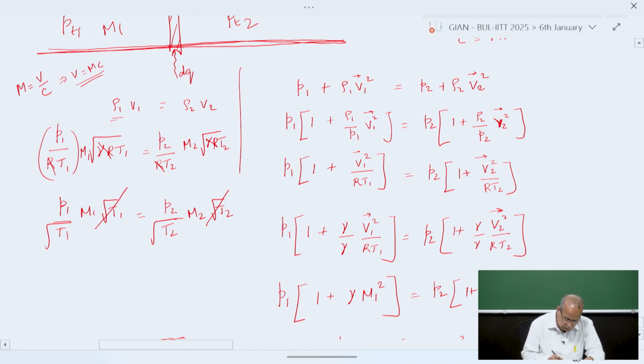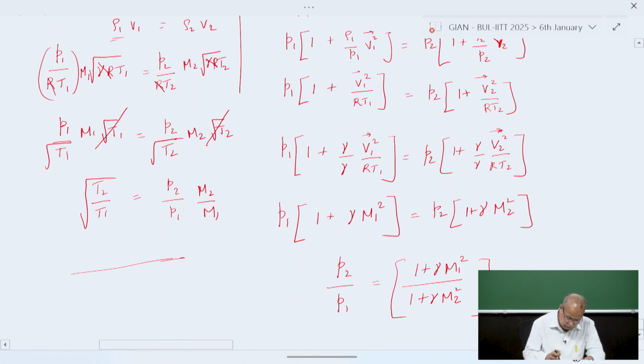So now we can write here T2 by T1 square root is equal to P2 by P1 M2 by M1, or in other words, we can write here T2 by T1 is equal to P2 by P1 M2 by M1 the whole square.